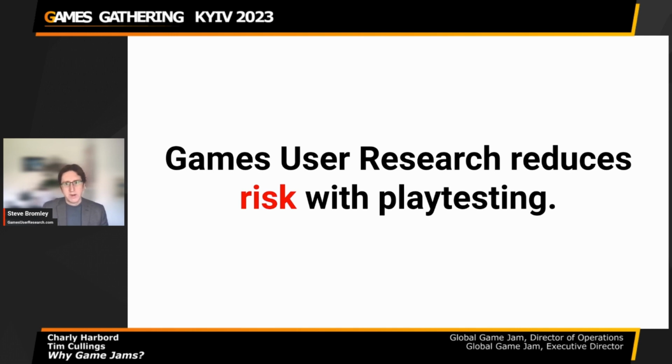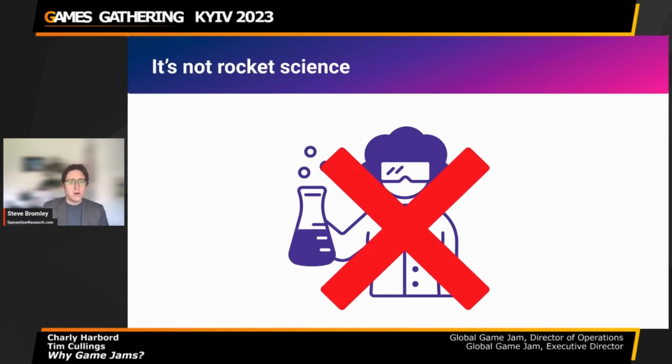And what we're going to talk about today isn't necessarily rocket science, although a lot of people working in games user research might have postgraduate degrees, expensive qualifications, letters after their names. This isn't required.